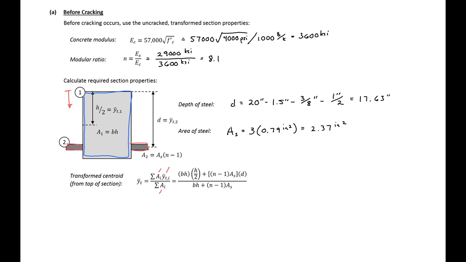But we can solve for our y transformed then. So our y bar transformed is going to be equal to 12 inches times 20 inches times 20 inches over 2, plus 8.1 minus 1 times 2.37 square inches times our d here, which we just found, 17.63.